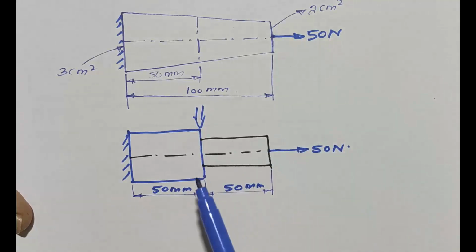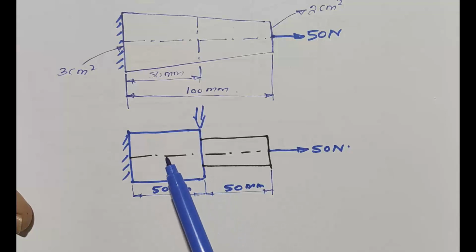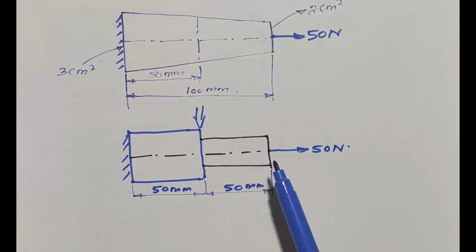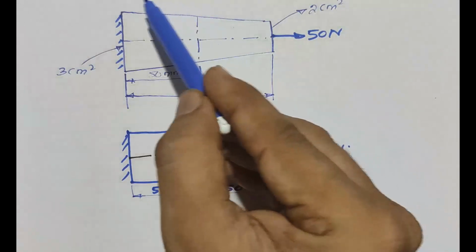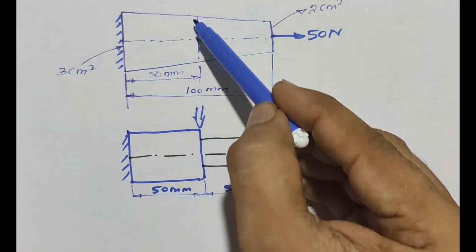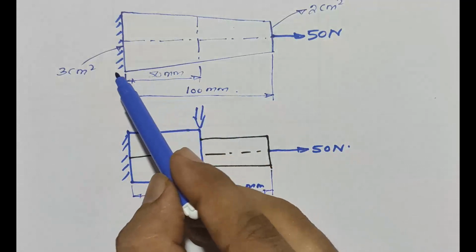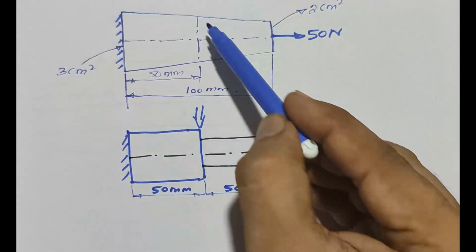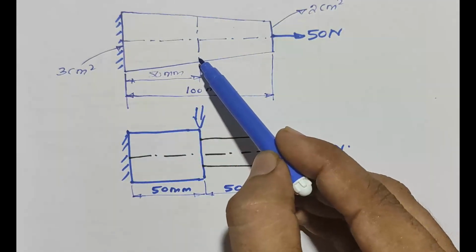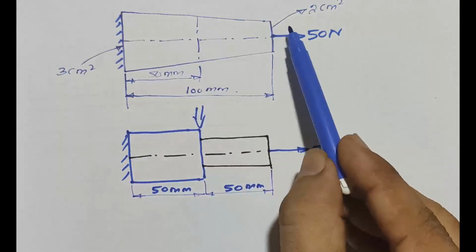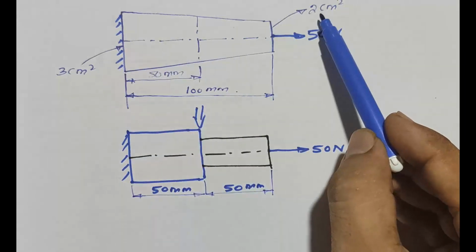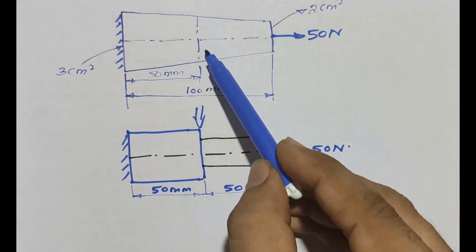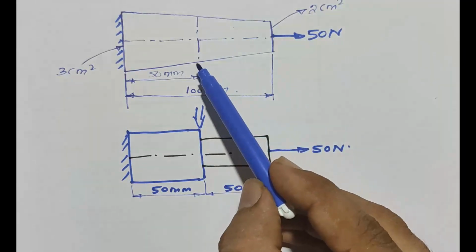Now what about the cross sectional area of step 1 and step 2? For that, first we have to find out the cross sectional area of this tapered bar at the center. Since it is a uniformly tapering bar, at the center the cross sectional area will be average of these two areas. Means if you take average of 3 cm square and 2 cm square, that will be the cross section area at the center of the bar.